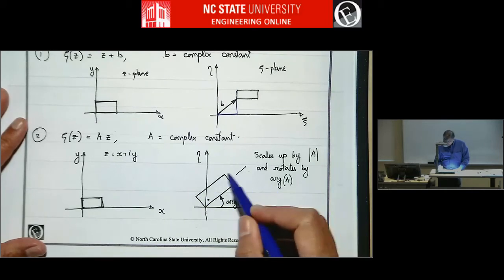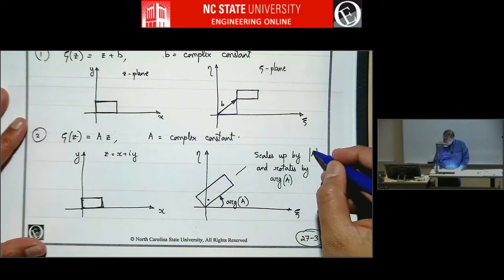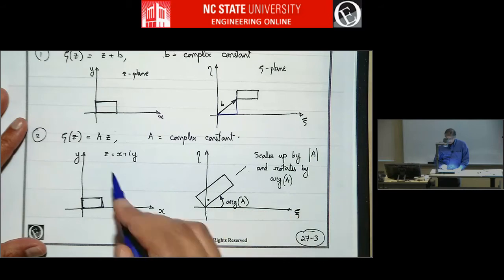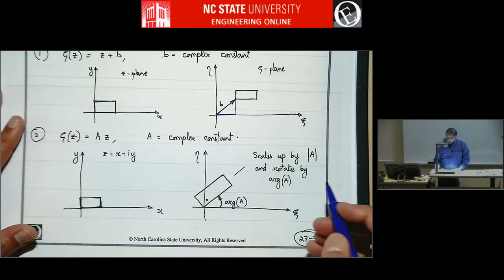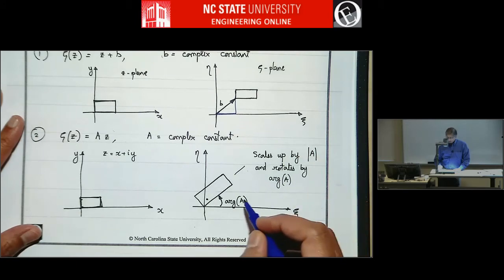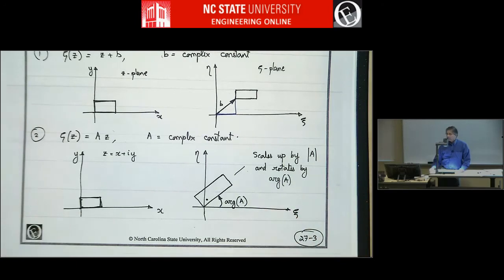The amount by which it gets scaled is the magnitude of this complex constant a, and the argument of a is the angle by which it will get rotated. This is interesting because it's used in so many places. Let me finish the next transformation and then we'll talk about that example.